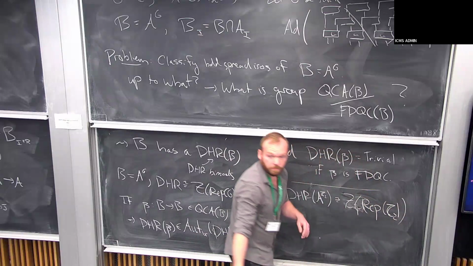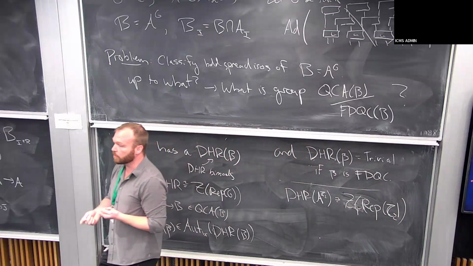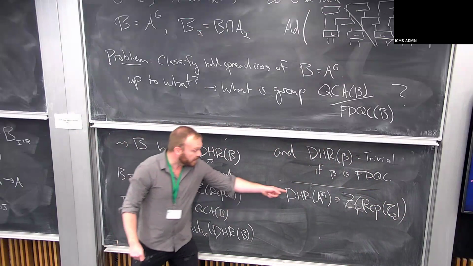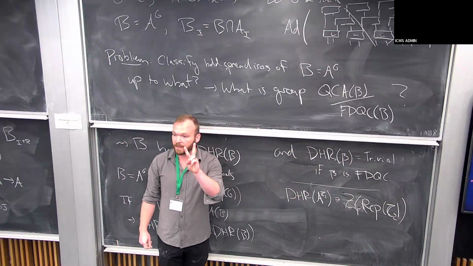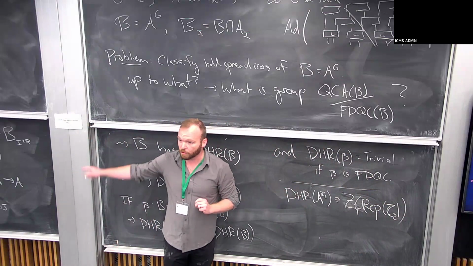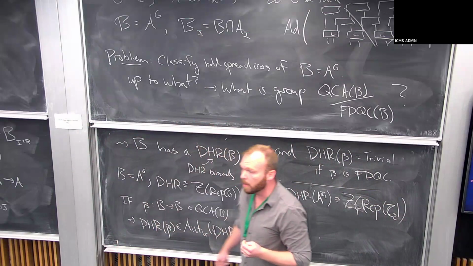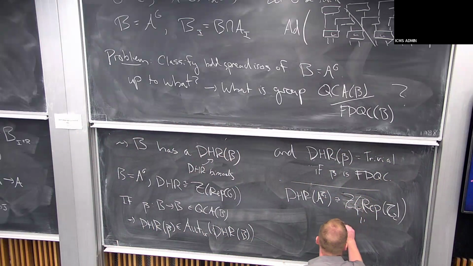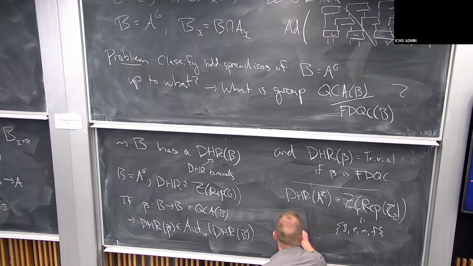So there are 4 simple objects. They have Z2 cross Z2 fusion rules. They are 1, E, M, and F. And what is this braided autoequivalence? It's going to be the EM swap. Exactly, the Kramers-Wannier case implements the EM swap, exactly the one that Matthew talked about. So if I think of this as 1, E, M, and F, then DHR of Kramers-Wannier equals the EM swap.